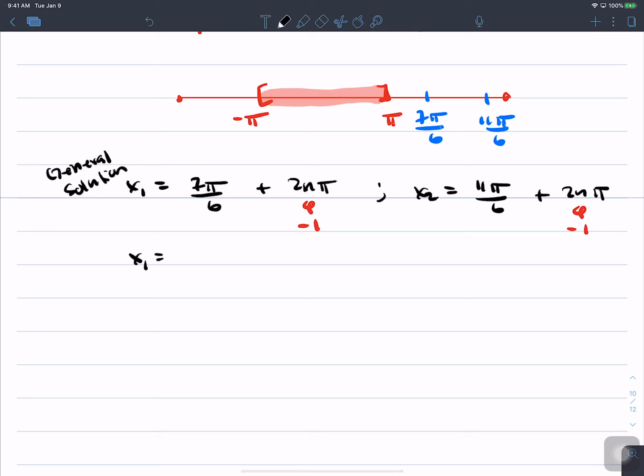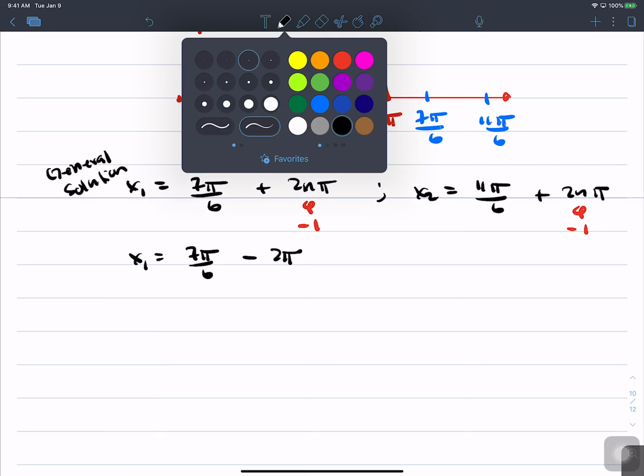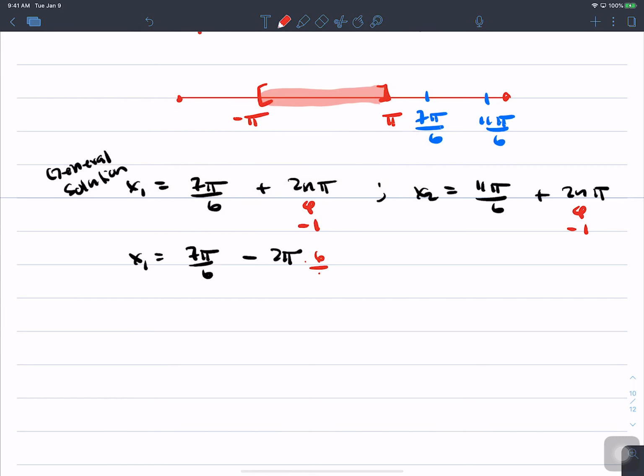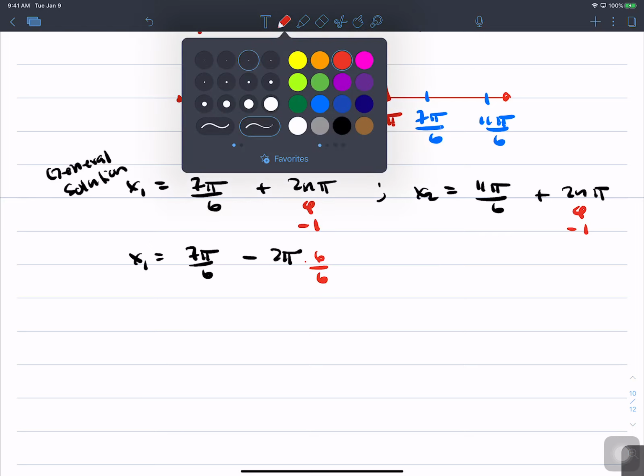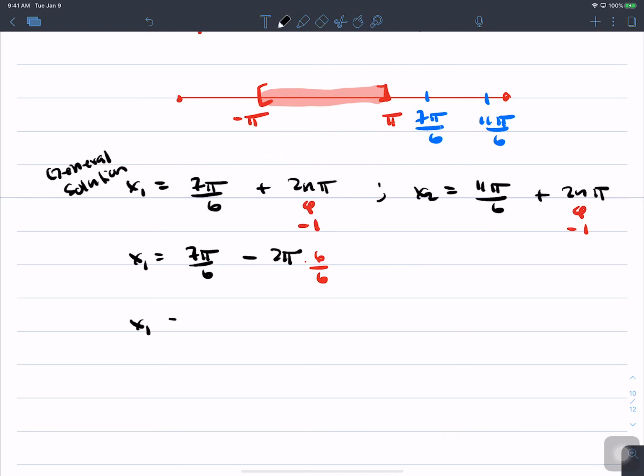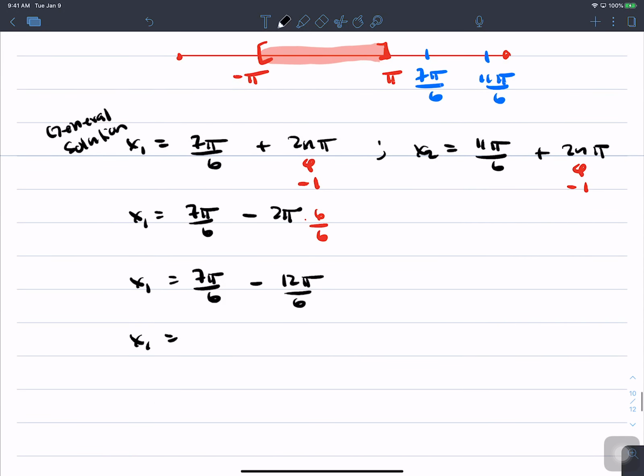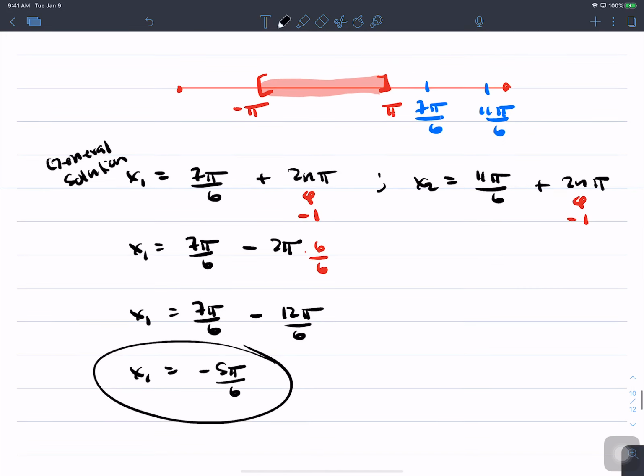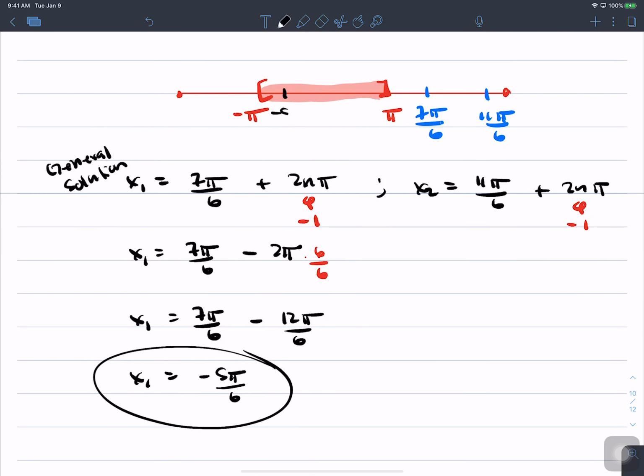So x1 will be 7 pi over 6 minus 2 pi. I can do some arithmetic now: multiply by 6, divide by 6. So x1 is 7 pi over 6 minus 12 pi over 6, and x1 will be minus 5 pi over 6. That is in the interval, by the way.